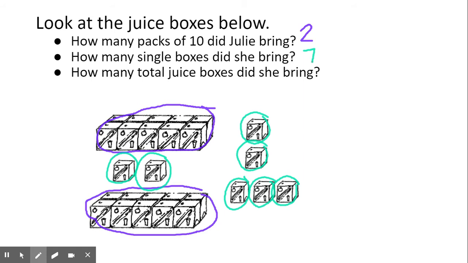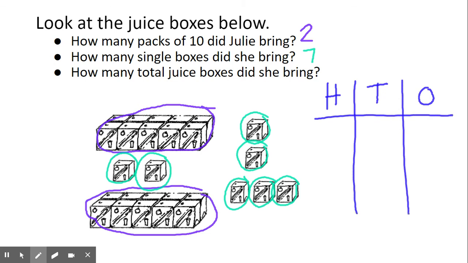You could solve this in a few different ways. You could go through and count all of the boxes individually, but that's a lot of work. So what we could do instead is think about our place value chart. A place value chart shows us hundreds, tens, and ones.